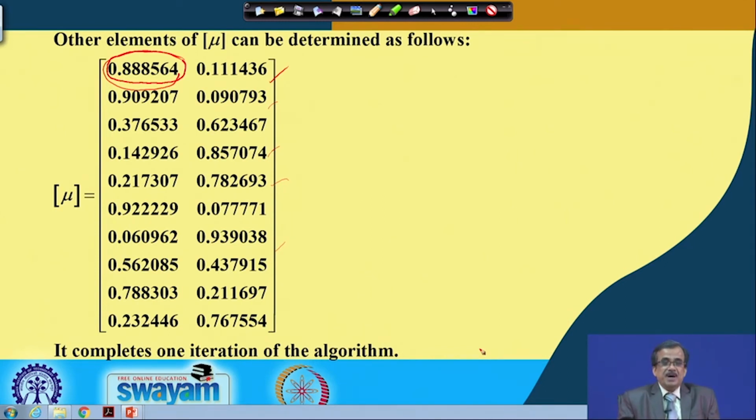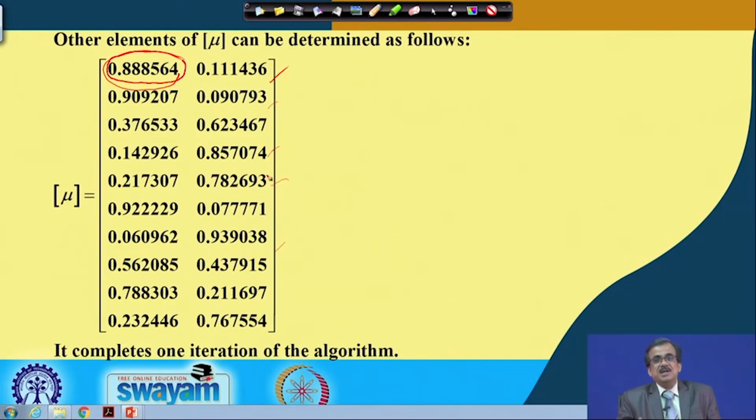Now, if you remember, at the beginning of the first iteration, we started with some initial assumption of the mu matrix, and now we have got a slightly modified or updated matrix. In the second iteration we are going to start with this mu matrix, and once again we will repeat the process.